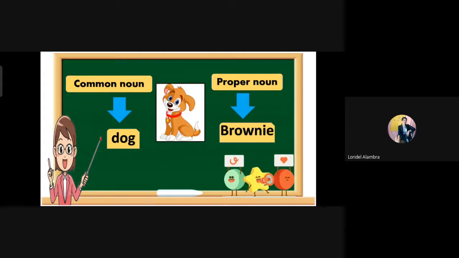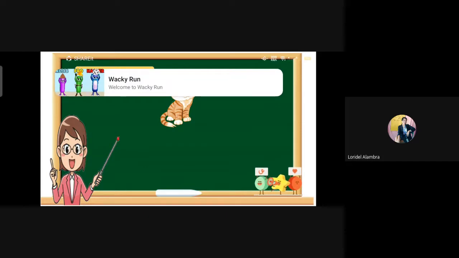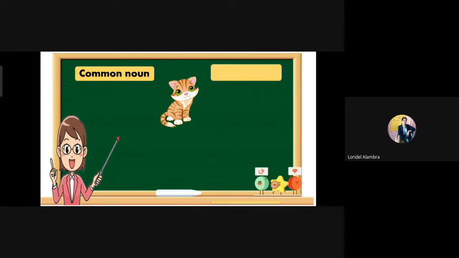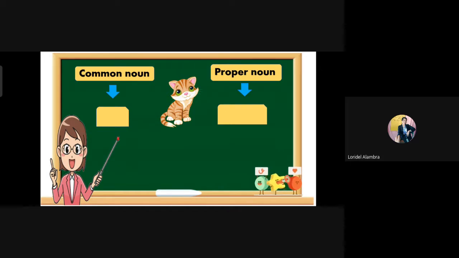Brownie is the name of the dog. So, another example. The common noun is cat and the proper noun is Charlie.